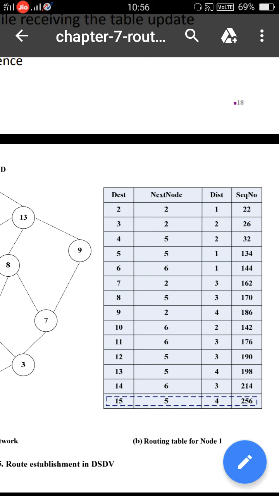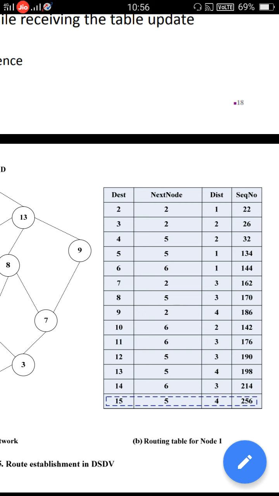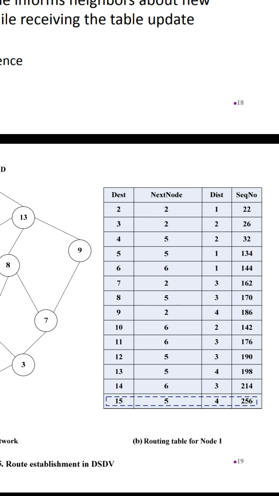That is the meaning. Then the distance between 1 and 3 is 2, that is 2 edges, and the sequence number is generated randomly, whatever the number.